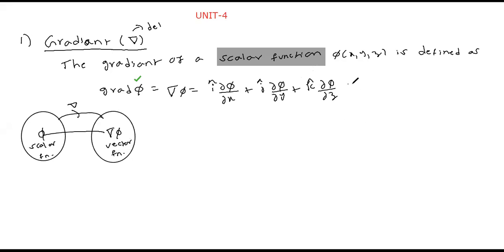Now I can write this in a simpler notation also. Instead of writing this longer expression every time, I can use sigma notation. Sigma can be applied on i as well as on the derivative of phi. The cyclic order is i followed by j followed by k, and dou phi by dou x, followed by y, followed by z.